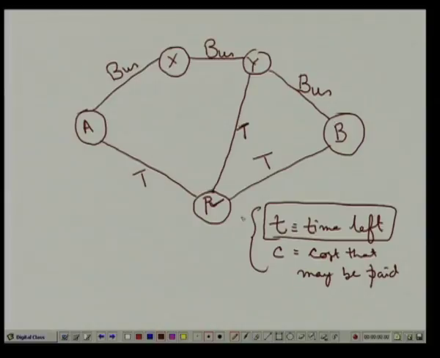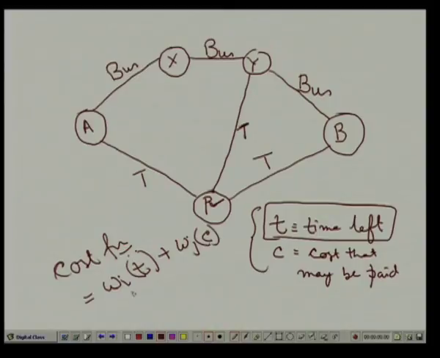So, at this point I will have to compute a cost function that will consist of some weight of the time left plus, this is a very simple expression that I am writing, the cost that has to be paid. So, some sort of function I have to compute sitting over here. The cost function can be varying for different problems.